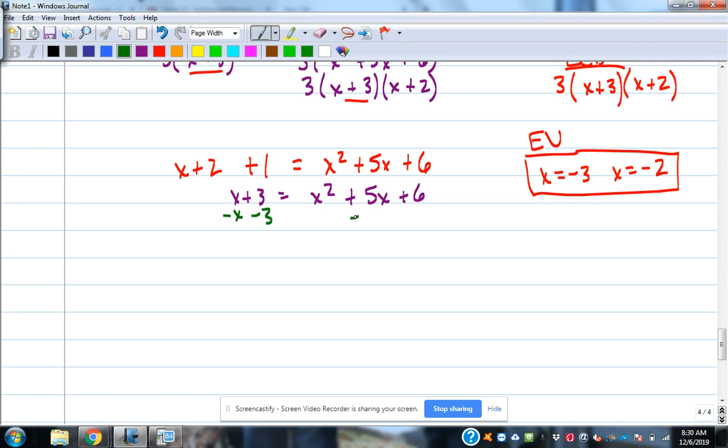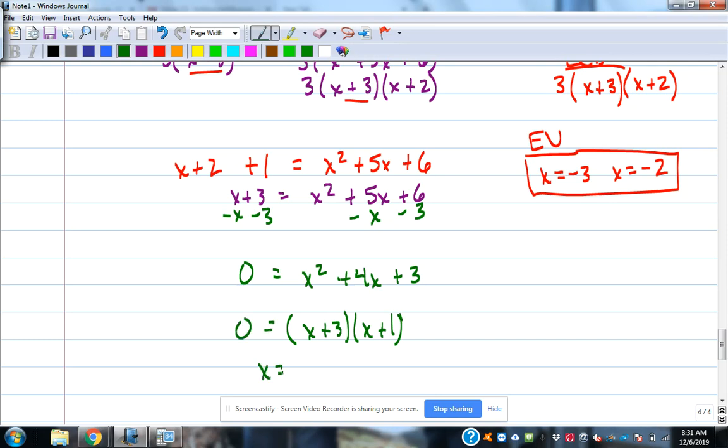Subtract x, subtract 3. It'll be x squared plus 4x plus 3. And that'll factor as x plus 3 and x plus 1. And x equals negative 1 is the only answer we find that works. That we're going to get to keep.